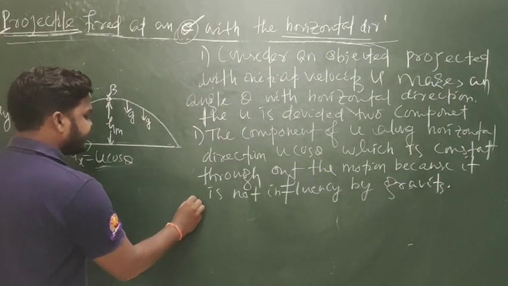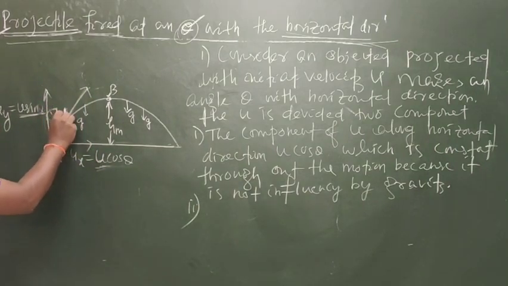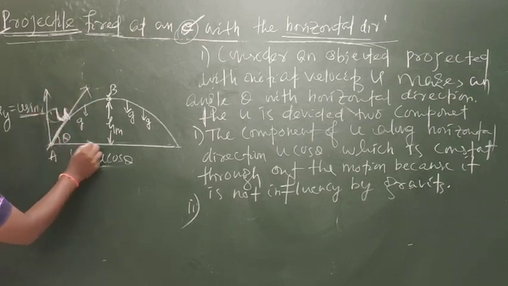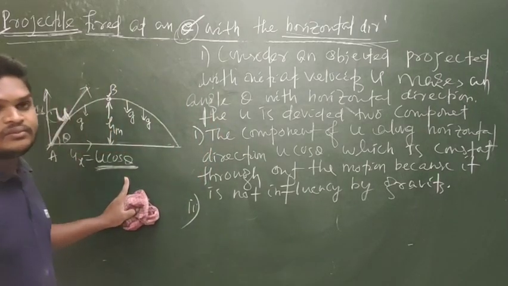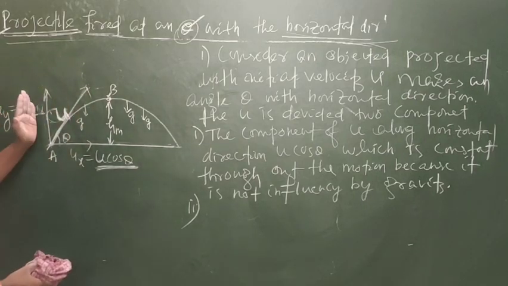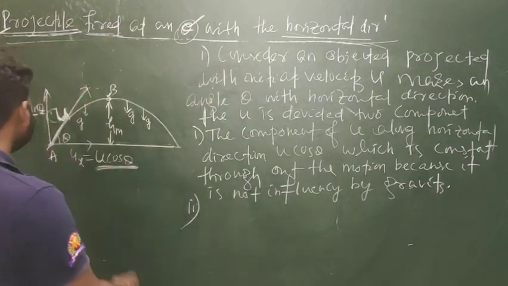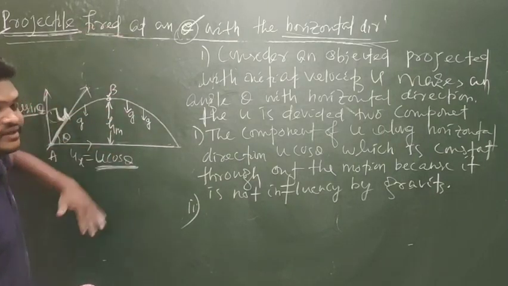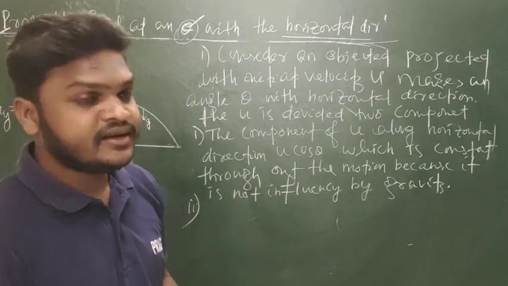Next, the second component. The velocity u with which you projected the projectile is divided into two components. One is horizontal velocity, which is constant throughout the motion because it is not influenced by gravity. But the vertical velocity changes throughout the motion because it is influenced by gravity, which is also exerted vertically toward the center of the Earth.